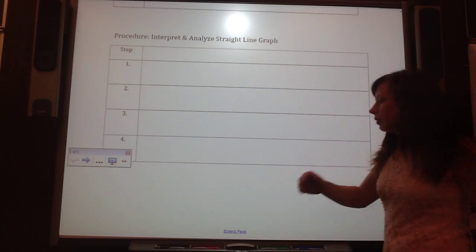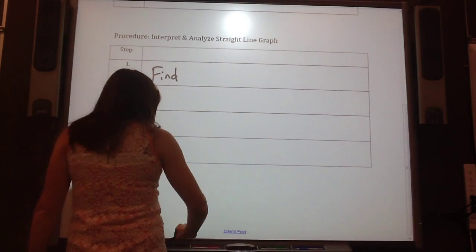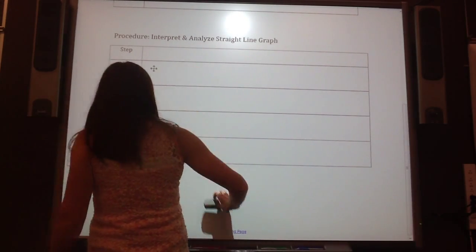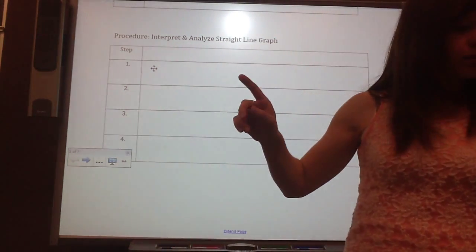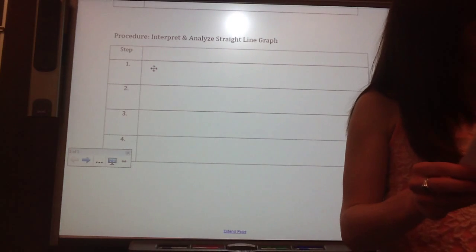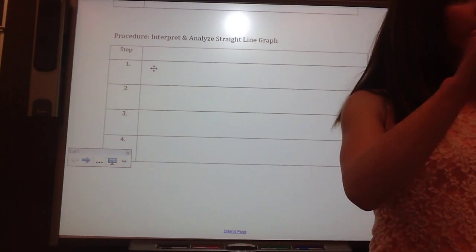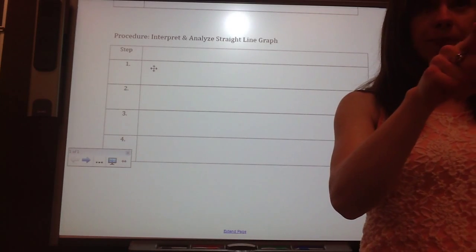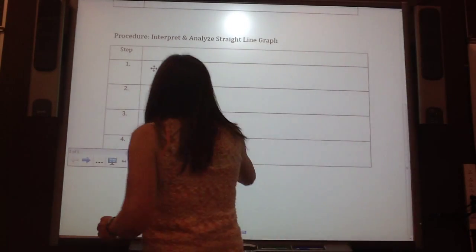So step 1, or let's just, we could be even lazier and say the same steps 1 to 3. 1 to 3 is the exact same, right? From the other procedure. Do you see that?